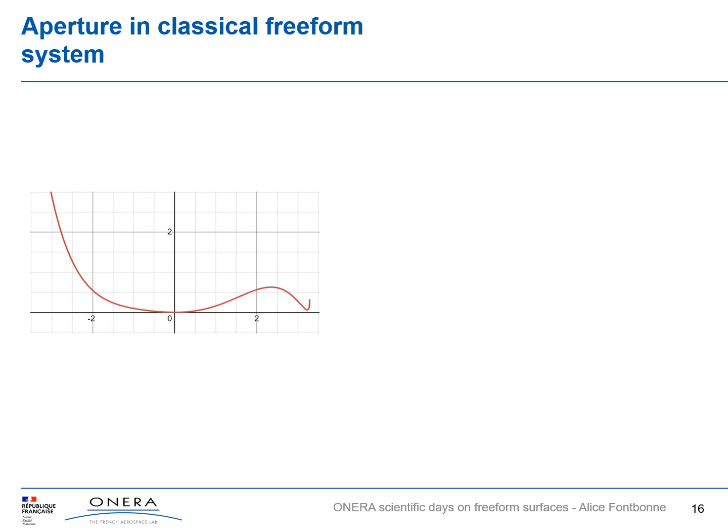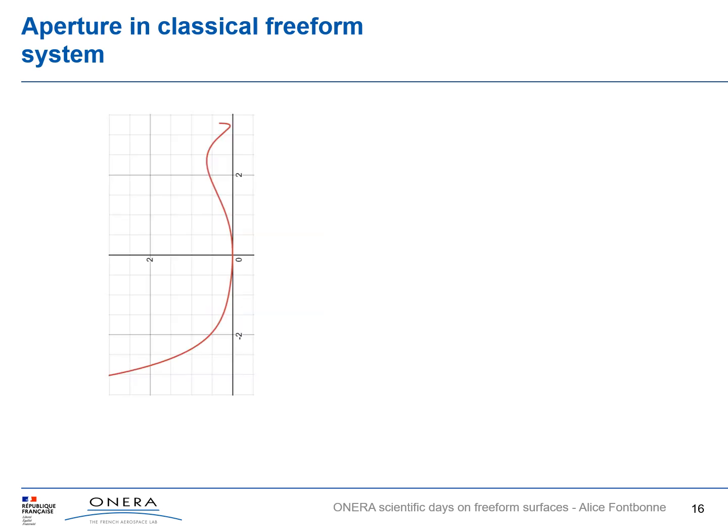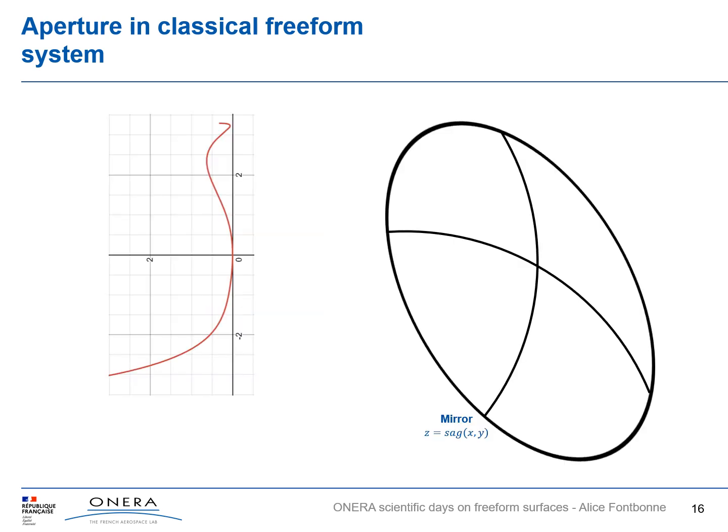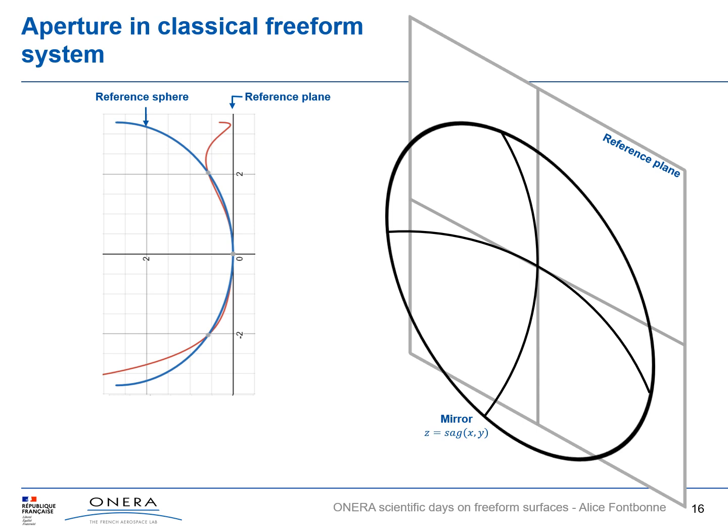Now with NURBS come several difficulties, in particular with the definition of the aperture. So first, in a classical freeform system, the aperture can be defined quite easily. So here you have a surface which is moved like that, and with a freeform surface defined with a global representation, you can quite easily define a reference sphere and a reference plane like this one.